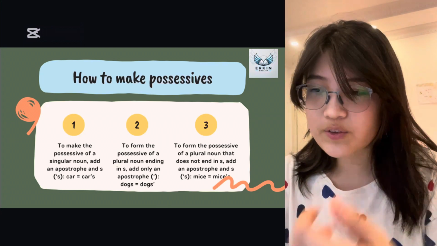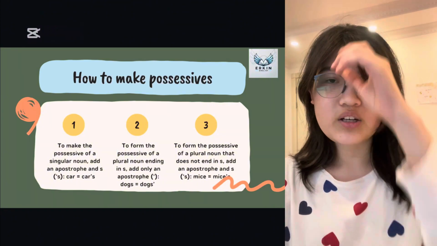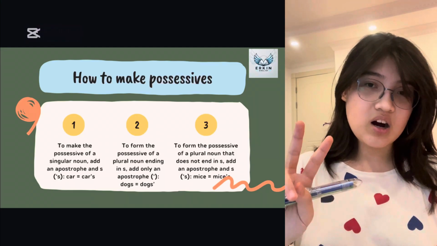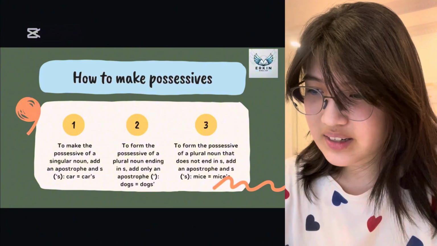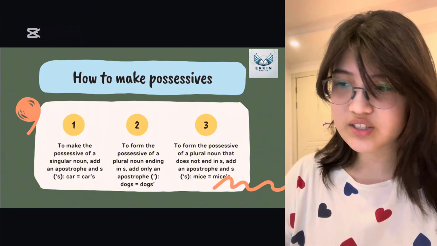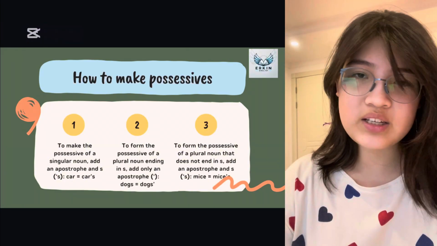And then the second rule is for plural nouns. And plural nouns are nouns which have more than one thing. For example, a car is one car, but cars can be multiple cars. For example, 2, 3, or 4 cars. To make a plural noun ending with an S, which is cars, into a possessive noun, we just need to add only an apostrophe.